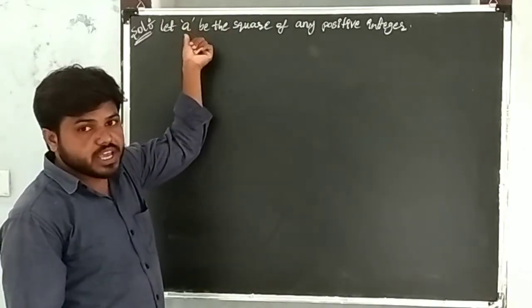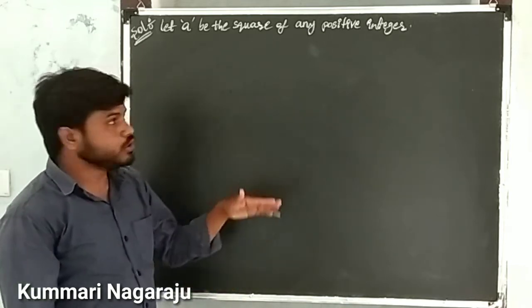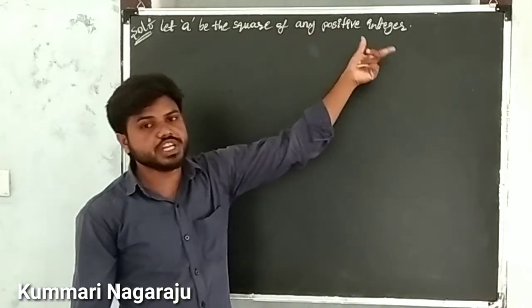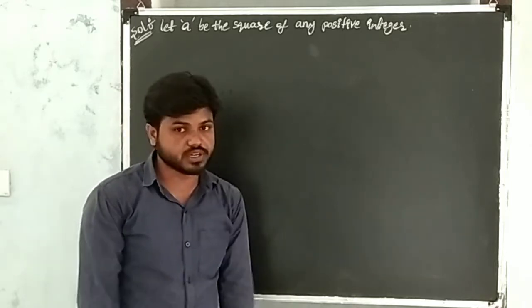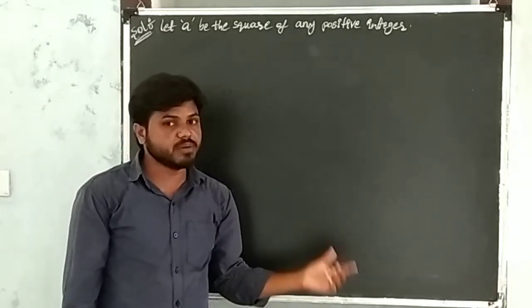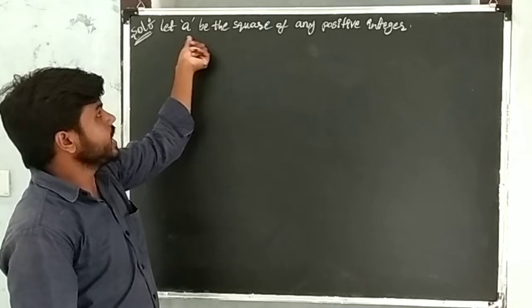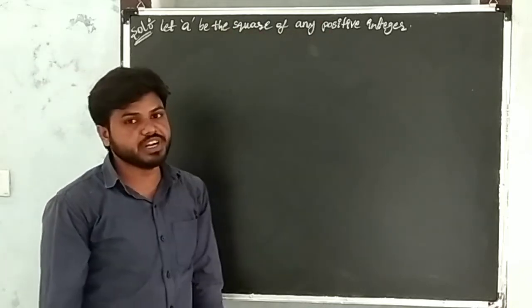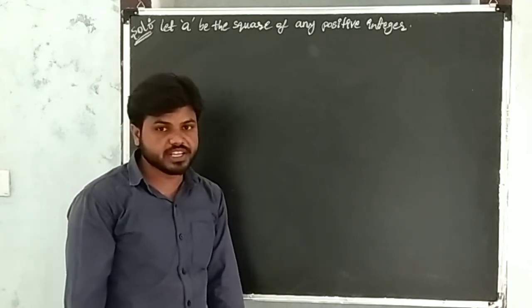I took a as the square of any positive integer because we have to show the square of any positive integer is of the form 3p or 3p plus 1. That's why I took a as the square of any positive integer. Here a is the square of any positive integer.